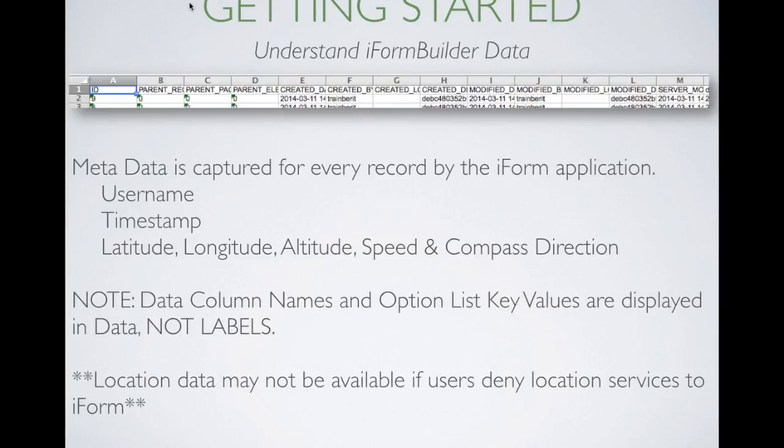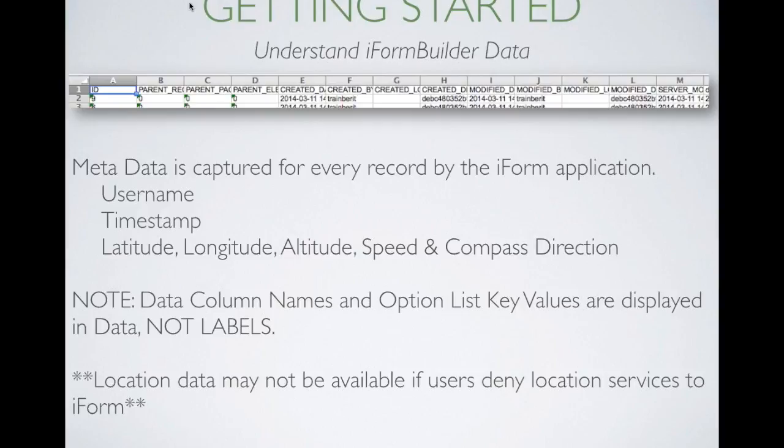Okay, and just to be clear, the metadata does capture the username, the timestamp, the latitude, longitude, altitude, speed, and compass direction. Try saying that 5 times fast. Whew. That's a lot of data that's just being captured, and when you're looking at the views, you're not looking at all this.